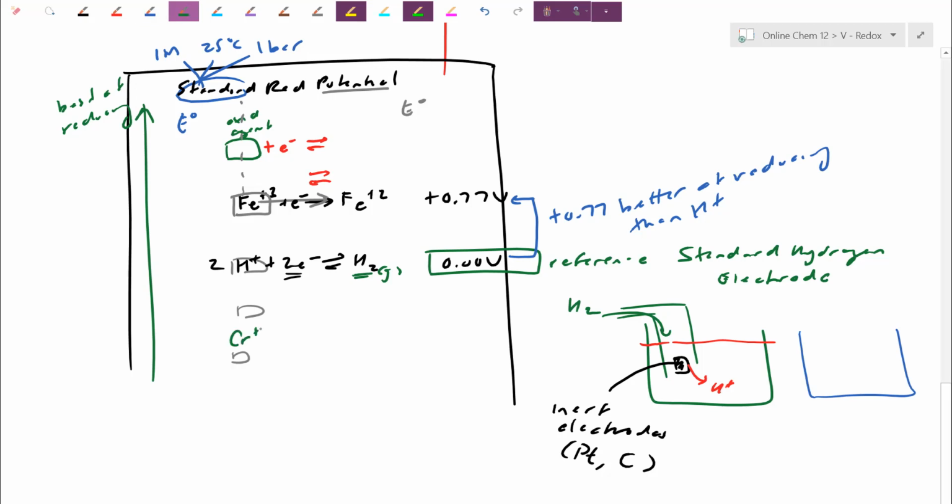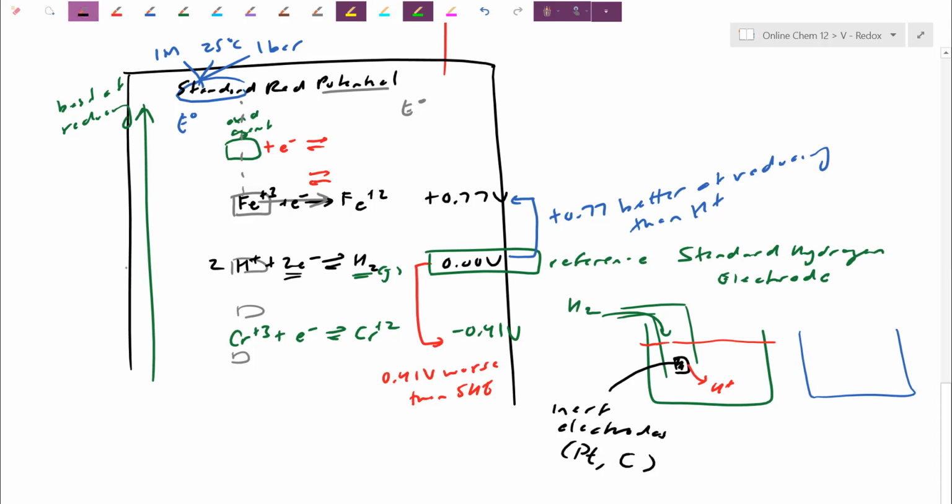Let's say chromium, upon gaining an electron, that's in equilibrium with Cr. This one here is a voltage of negative 0.41. Well, what good is a battery if it's giving you negative voltage? That negative here just means it's 0.41 volts worse than the SHE. Okay? So we just arbitrarily set one to be our reference.